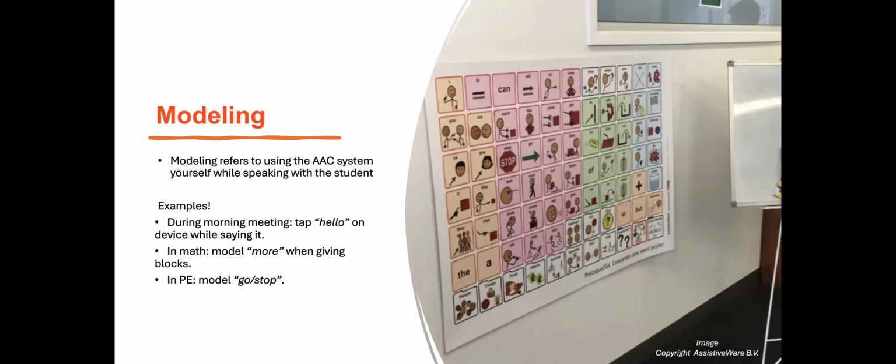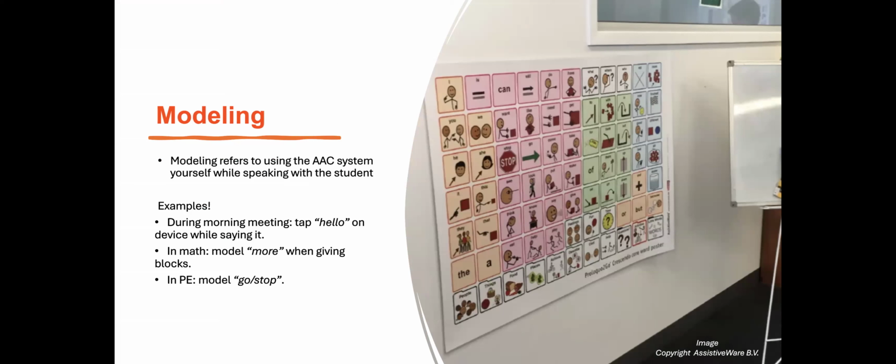I talked a little bit about modeling, or saying with modeling, every student can learn. So what is modeling? Modeling refers to using the AAC system yourself while you're speaking with the student or the user.